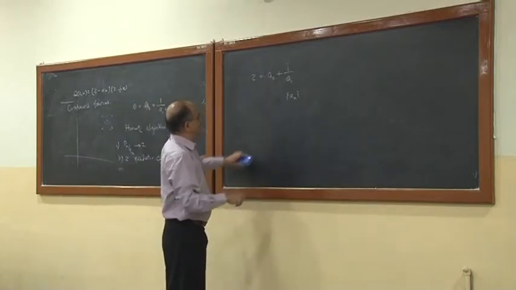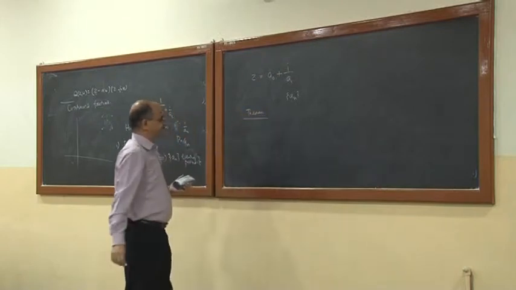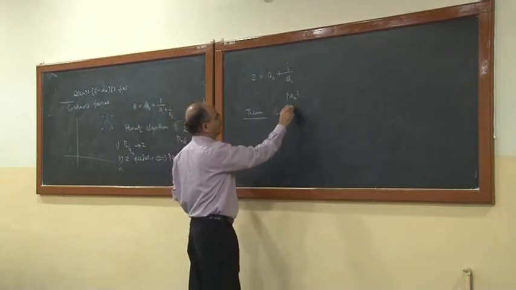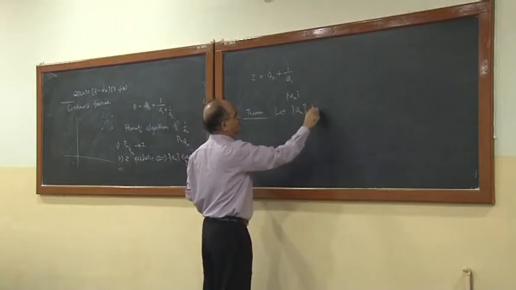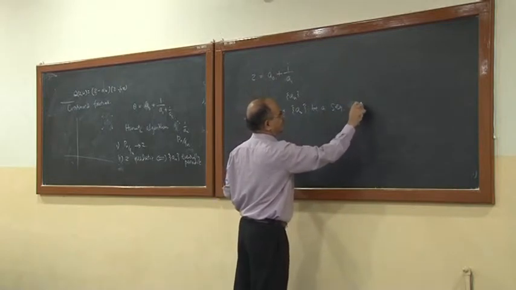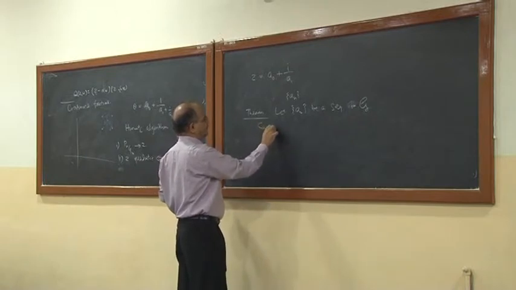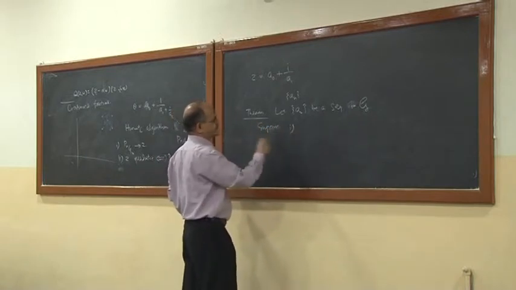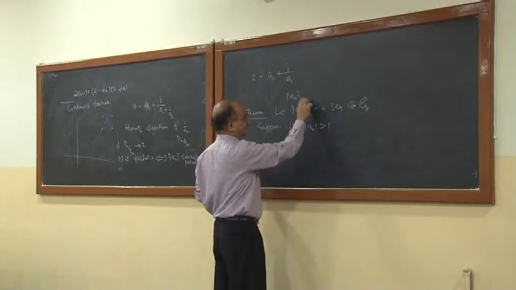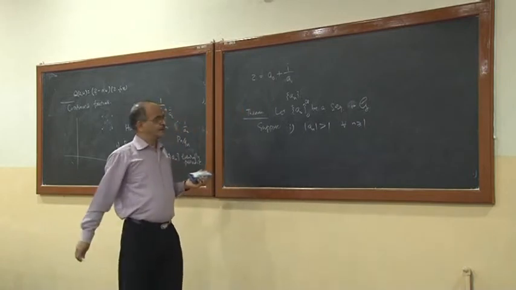Okay, so now the theorem. First of all, I'm going to assume let An be a sequence of Gaussian integers, a sequence in G. Let's suppose that mod An is greater than 1 for all n bigger than or equal to 1.